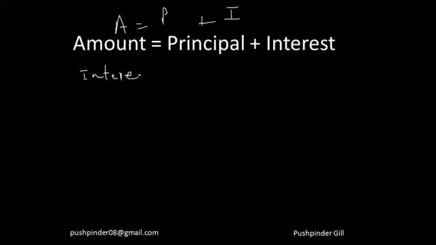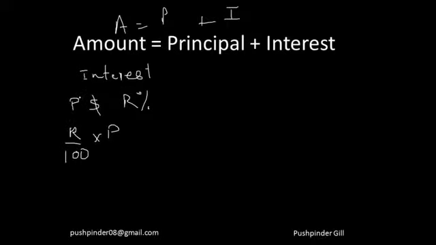Let's suppose you invest P dollars into a bank, and the bank is giving you R% rate of return every year. That means every year you are going to receive R% of money from the bank, because you invested P dollars and R% is your rate of return.